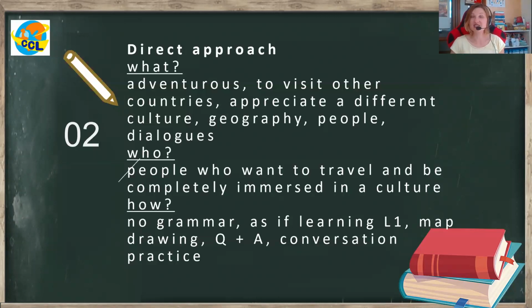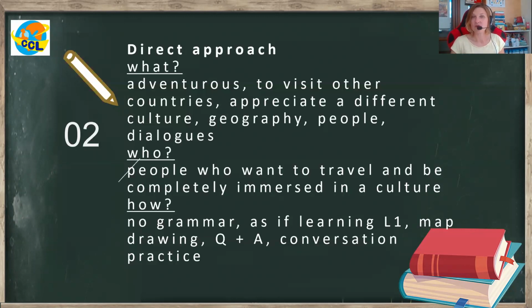Who was it directed at? People who want to travel and be completely immersed in a culture. It was to teach students who want to study or visit other countries, to travel, to experience culture, not just classic literature, but geography, history, the people.